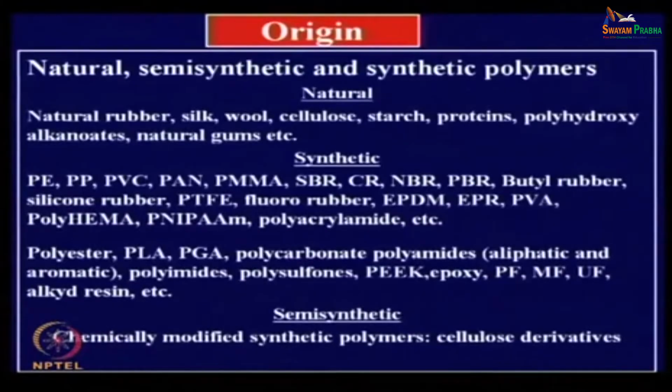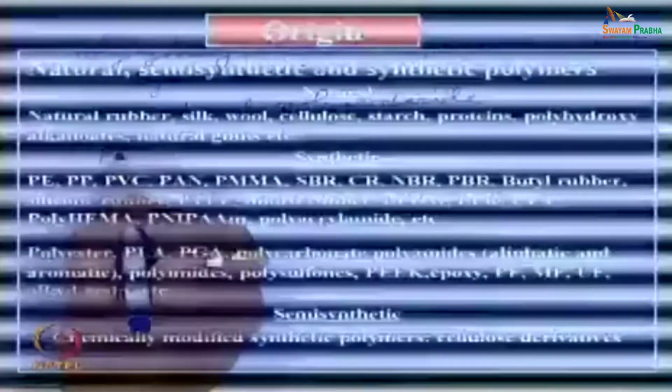So, synthetic polymers, since these are prepared by synthetic route, by artificial means in the laboratory, in the industry, in chemical reactors, in polymerization reactors, we call them synthetic polymers. Plenty of examples can be cited. Say polyethylene, this is the first example, PE.